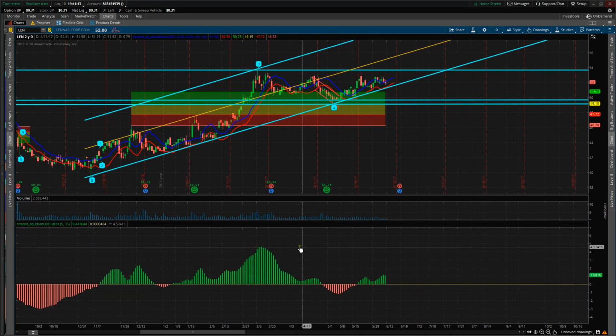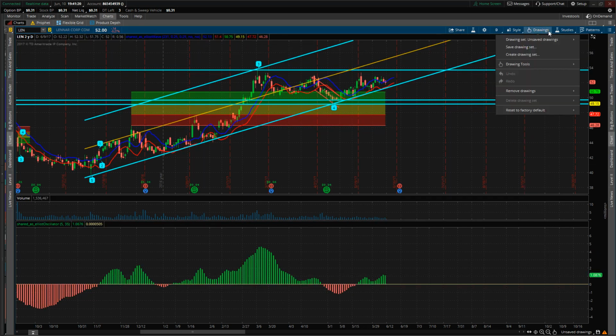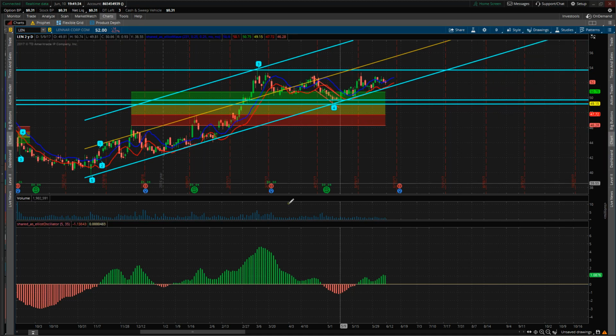The wave 4 pullback on the oscillator needs to be measured. It needs to be between 90 and 140%. So again, fib extension. Whoops, that didn't take. Let's try that again. The highest point on the oscillator on wave 3 is here.